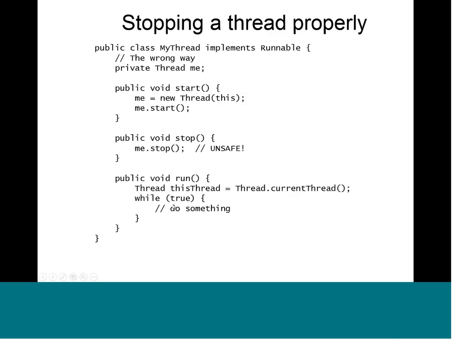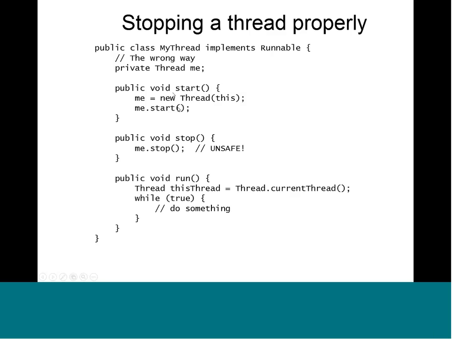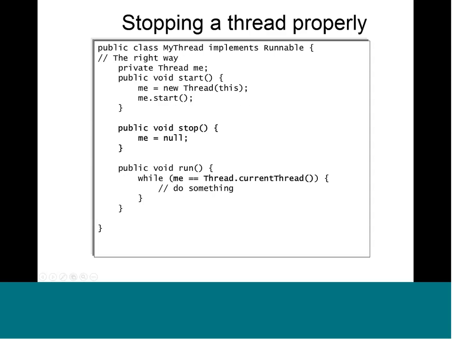Instead of doing all of this, we replace this code with this. We say me equals new Thread with the current object, and start. You probably need to just compare the two. This is still the same, but look at the stop method. Please focus on that. We basically say me is equal to null.